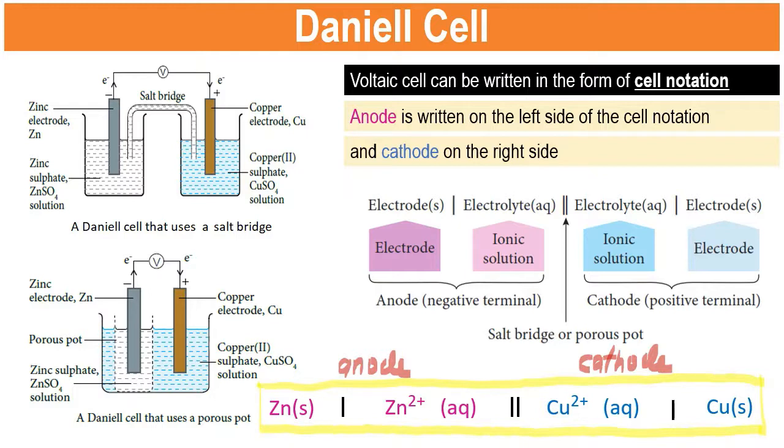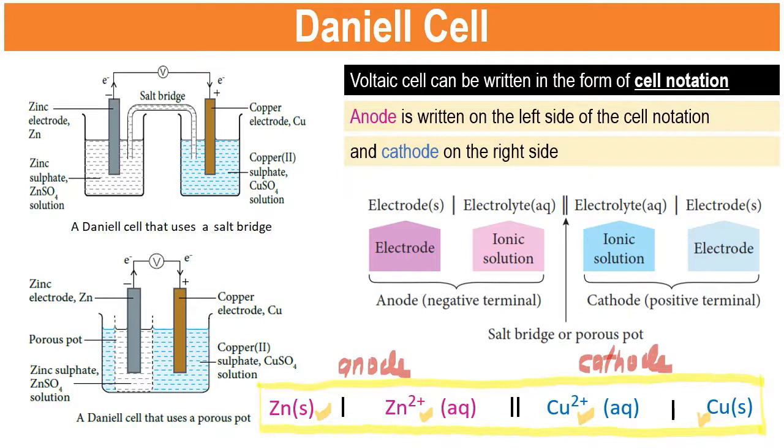So this is the reactant of the anode, while zinc ion is the product. Copper ion is the reactant at the cathode, but copper atom is the product.